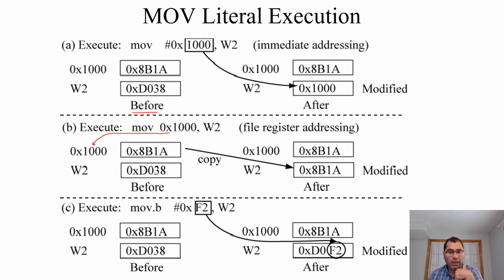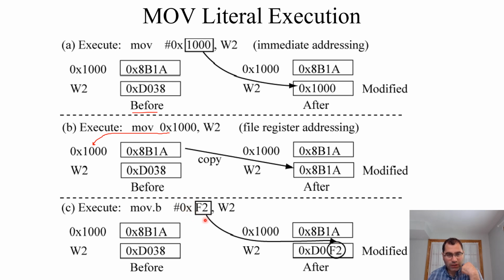Okay, and the last one. Execute move.b. Again, we have the $ sign. That means this is a literal, into W2. We did a similar example before. This is not an address location or anything, it's a literal value.